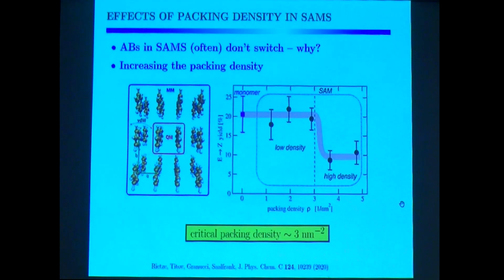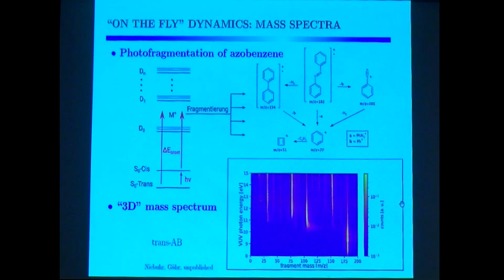And so experiments have also confirmed this, that there is a critical packing density beyond which the switching does not happen anymore. Maybe very briefly, another thing which we looked at with the surface hopping methods was fragmentation reactions. I know that Professor Satyamurthy is also very much interested in photodissociation. And what people do when they record mass spectra of molecules, for example, is they just destroy them by electronic excitation.